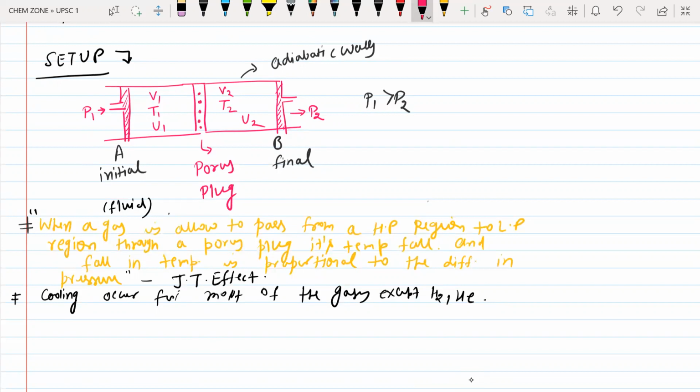And the decrease in temperature is proportional to the difference in pressure. So basically, this effect correlates how temperature changes when the pressure of a fluid is allowed to change.